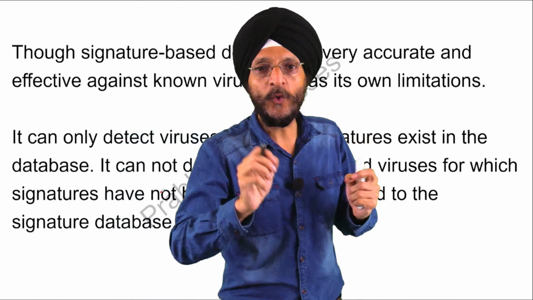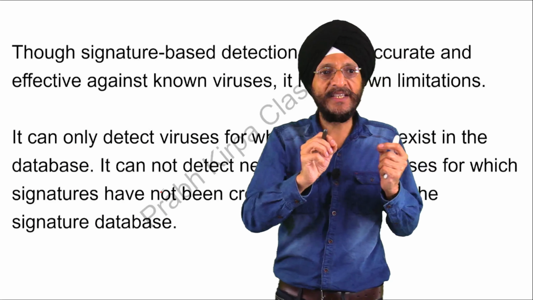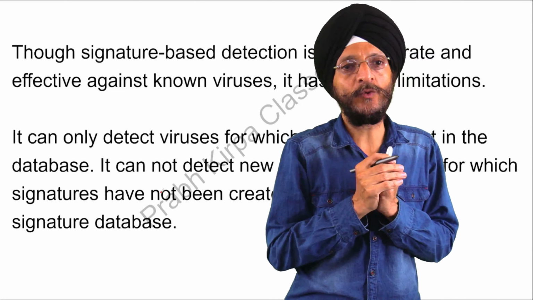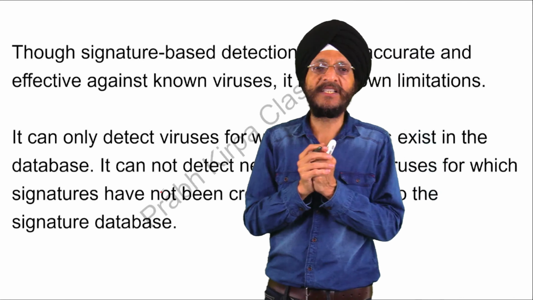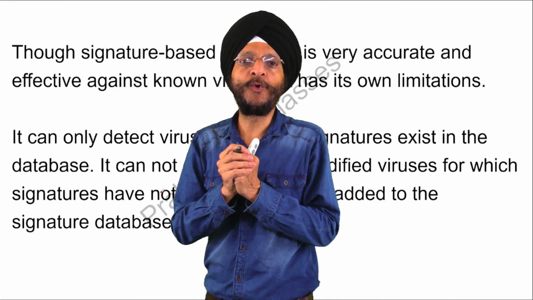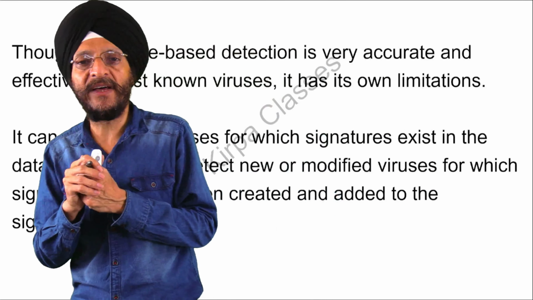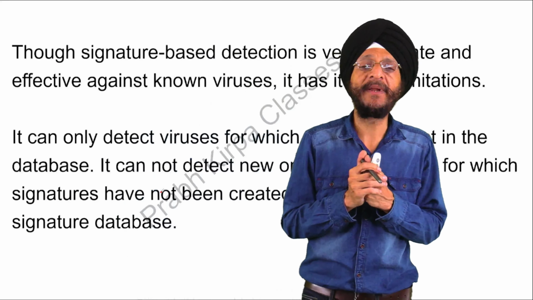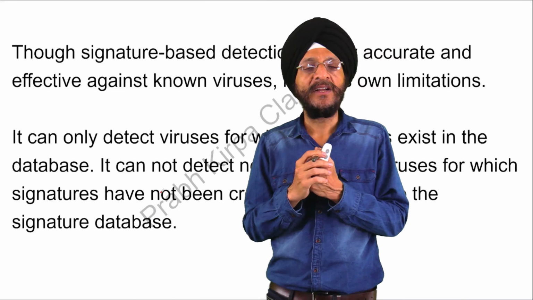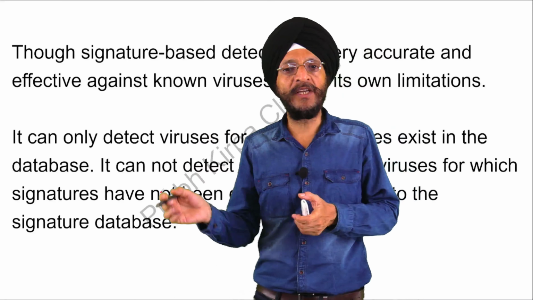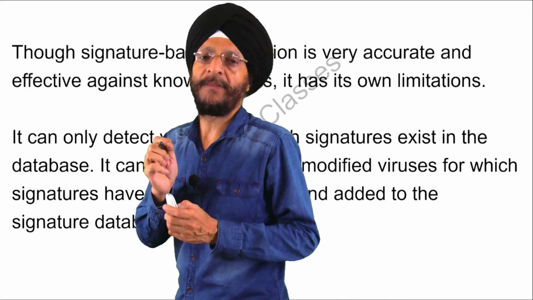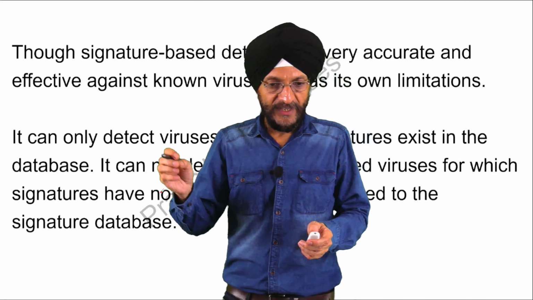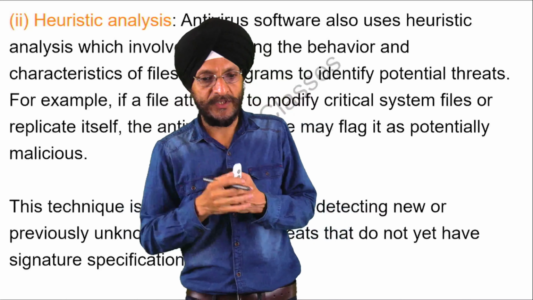It is not effective against the viruses which are of recent origin. Signature-based detection cannot detect new or modified viruses for which signatures have not been created and have not been added to the signature database. So that is why the heuristic analysis is used.